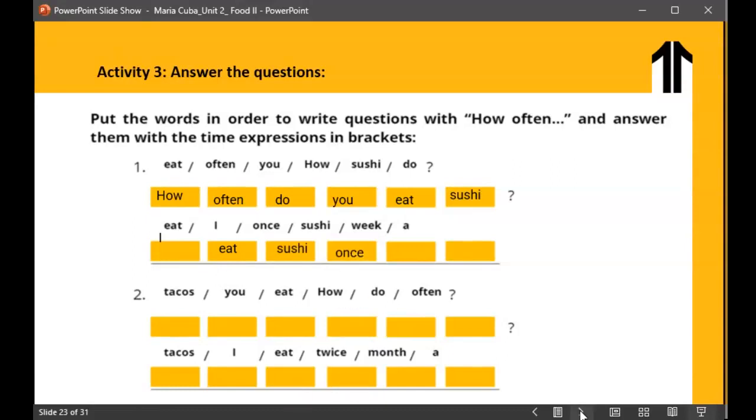I eat sushi once a week. Perfect. Okay. Pablo helped us with number two, right? The question. How often do you eat tacos? I eat tacos twice a month. That's right. Thank you very much, Pablo.